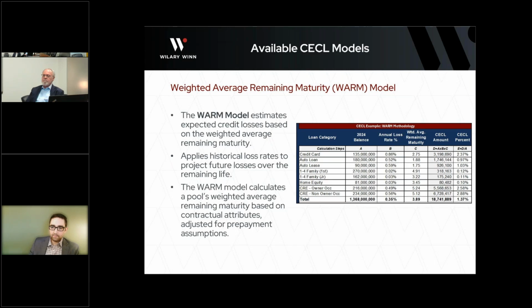But like other simple models, there are obviously limitations to using weighted average remaining maturity. If we're only using historical loss rates based on the assumption that the portfolio credit quality where those historical losses were made up, the market conditions where those losses came out of, and those patterns stay stable over time, then the WARM model would work pretty well.